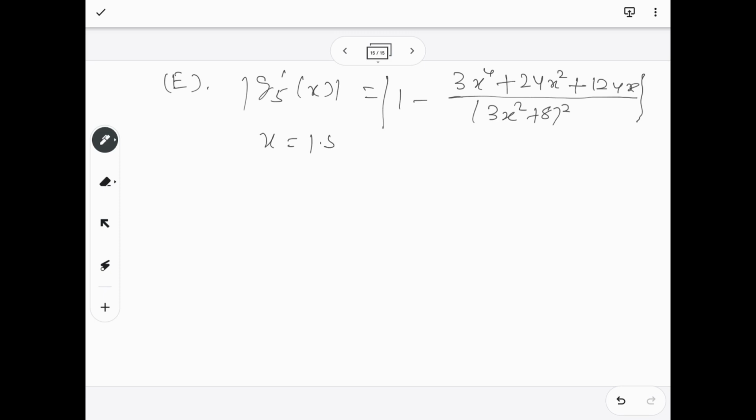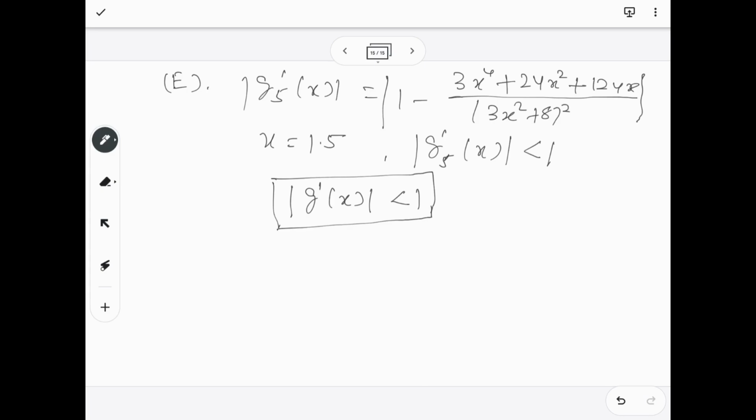At x equal to 1.5, this g5 prime at x, its absolute value is less than 1. So it means that the absolute value of the derivative of g must be less than 1 for the successive approximations to converge.